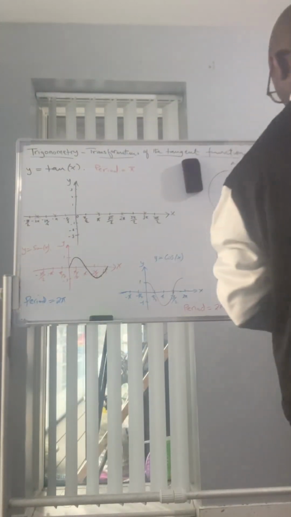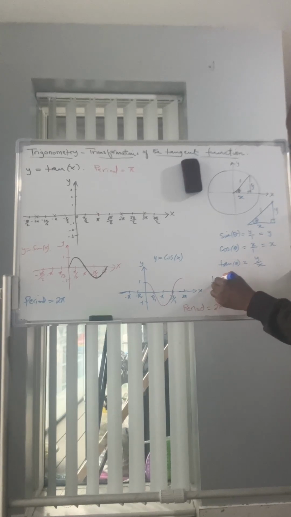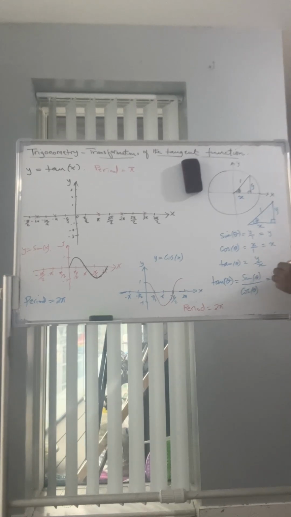Now, we have y and x. What is y over x? Here we have sine theta is y, cos theta is x. So what is y over x? This tells us that the tangent of theta is also the sine of theta all over the cosine of theta, which is y all over x.